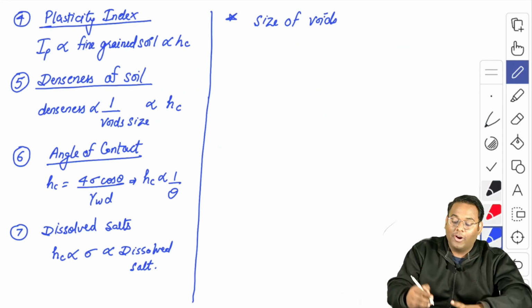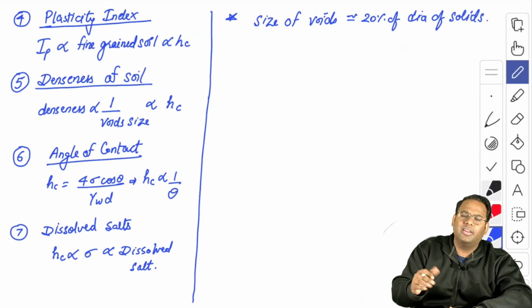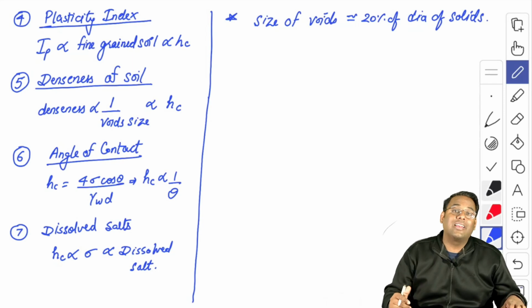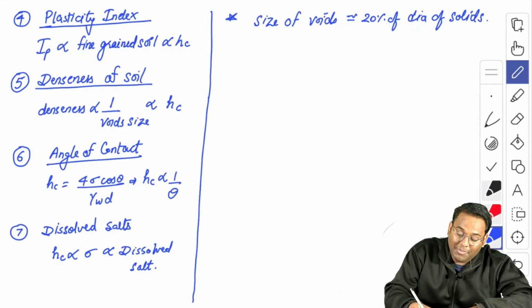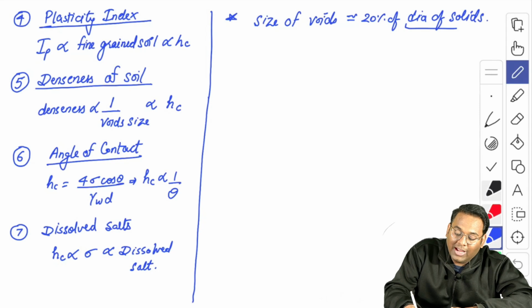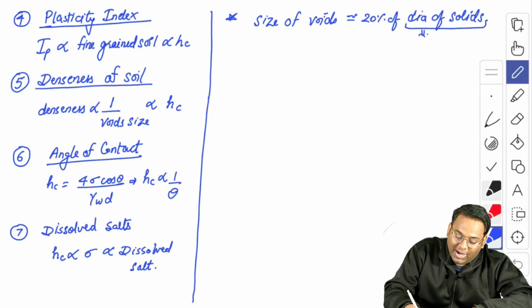But the size of voids is taken equal to 20% of the diameter of solids. This is an important observation: if the size of voids is not given, then you can take it as 20% of the diameter of solids, and here you take the effective size of the solids.